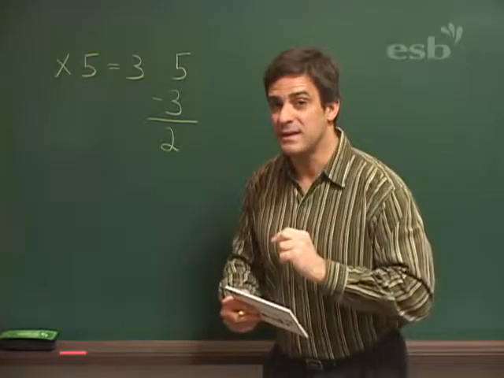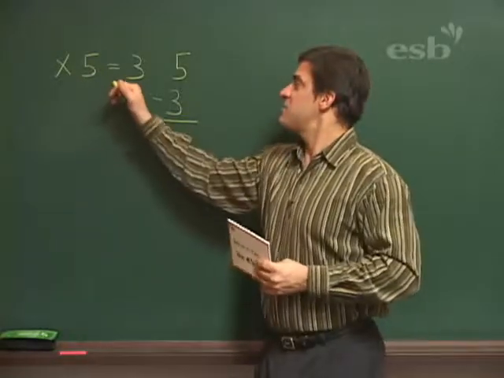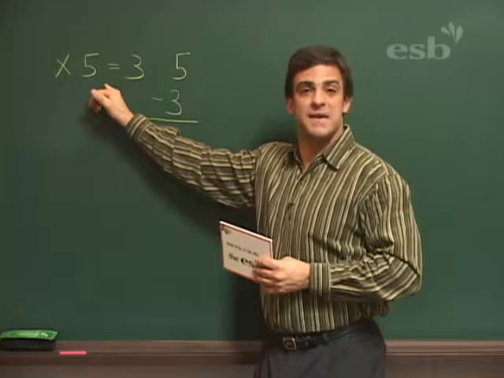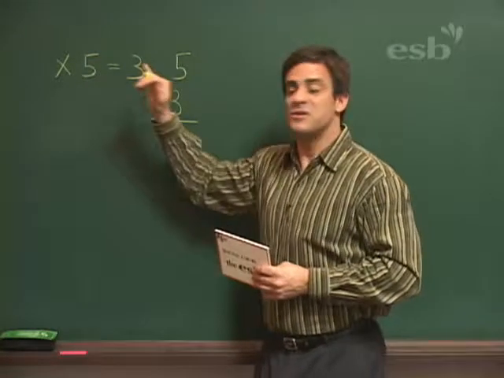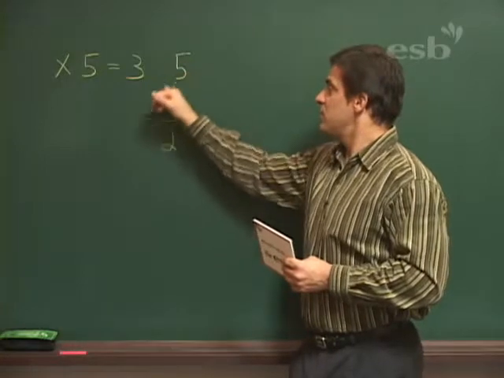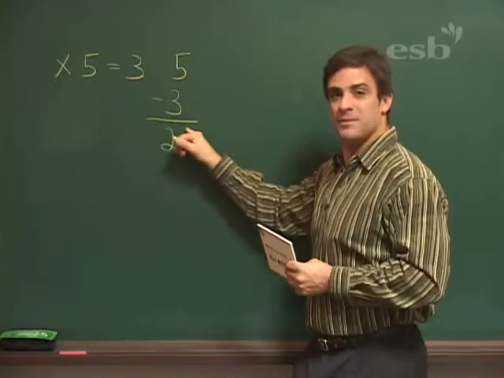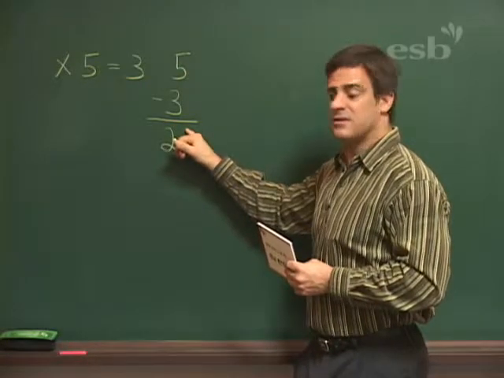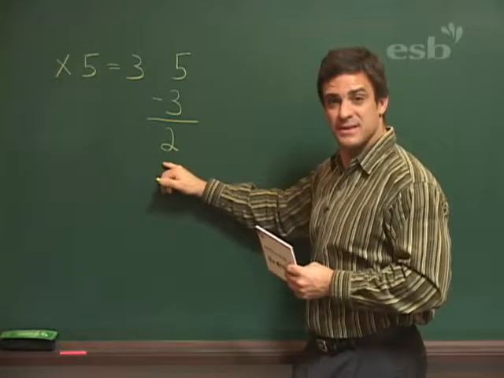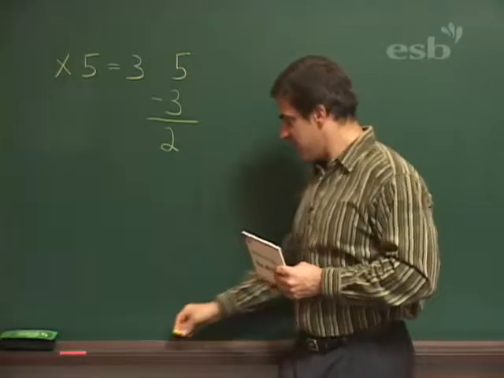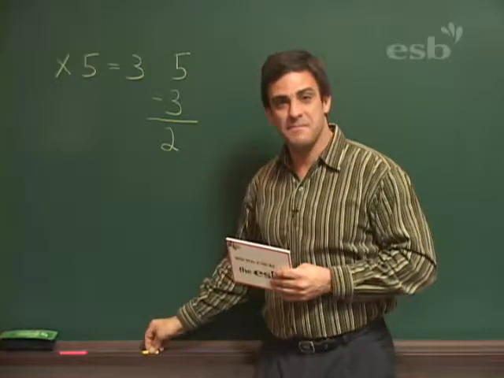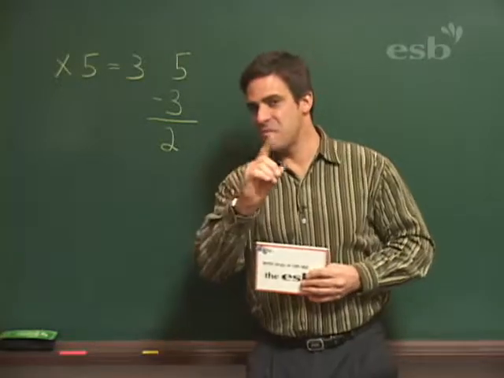Remember at the beginning, 5 and 3 are not the same. They are different. So, we do a subtraction problem to find the difference. Here is the difference. Okay, do you understand?